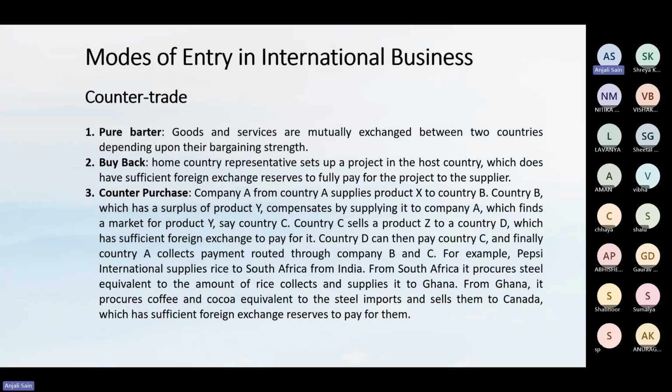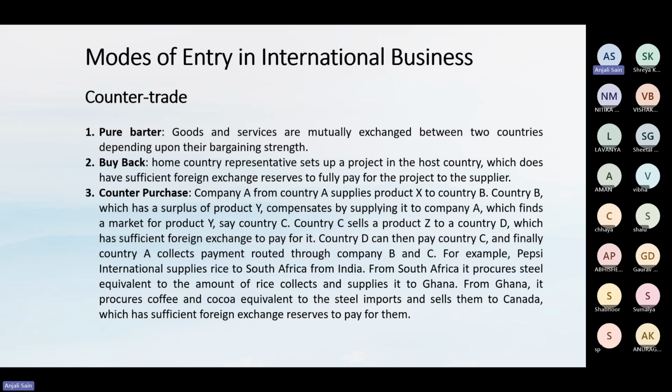Which अब कंपनी ए को प्रोडक्ट वाई के लिए एक न्यू मार्केट मिली, कंट्री सी. ठीक है. कंट्री सी जो एक प्रोडक्ट सेल करती है which is a product Z to a country D. अब कंट्री डी कौन है? कंट्री डी which has a sufficient foreign exchange reserve to pay for it. कंट्री डी then can pay to country C. मतलब इसमें क्या हो रहा है?